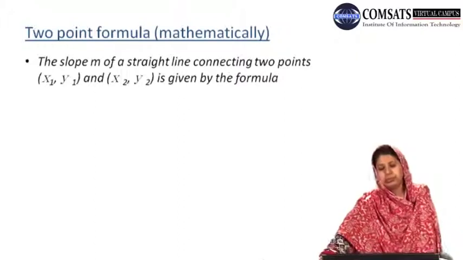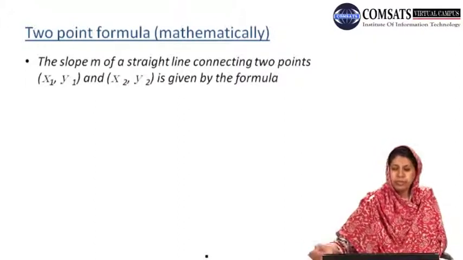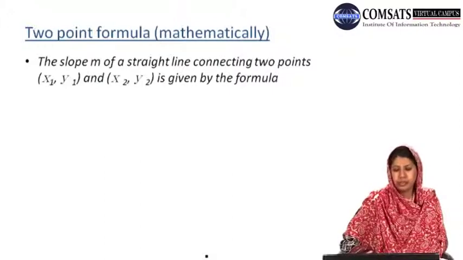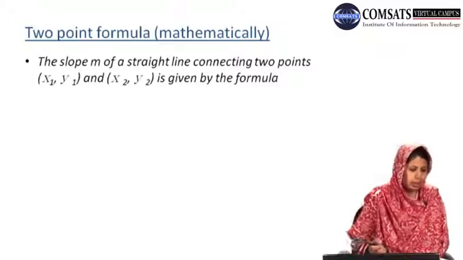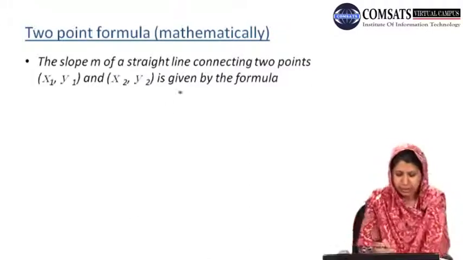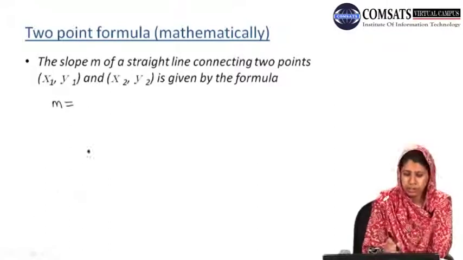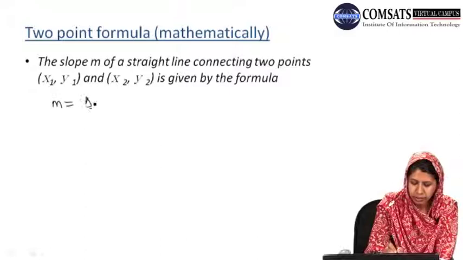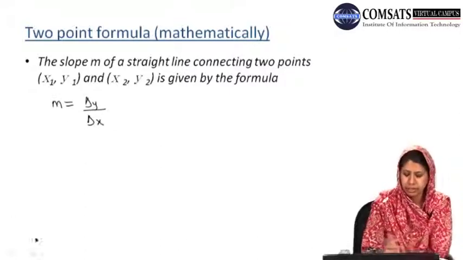Okay, now mathematically, if small m represents the slope of a straight line connecting the 2 points (x1, y1) and (x2, y2), then the slope is basically representing the rate of change of y, that is delta y, with respect to the rate of change of x, that is delta x.